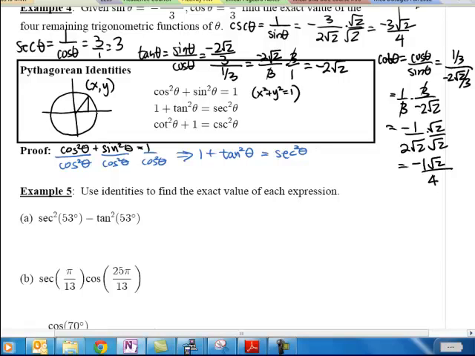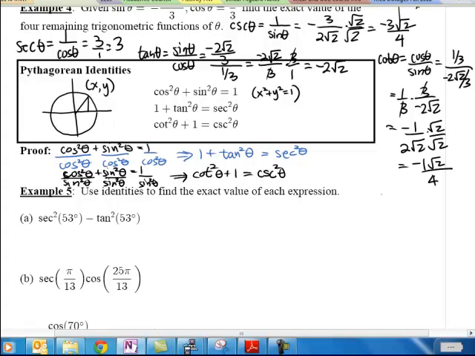And instead of dividing by cosine squared, if we divide by sine squared, we'll get the other one. So if we start with the first identity and divide everything by sine squared, that's going to lead us to cotangent of theta squared plus 1 equals cosecant of theta squared.